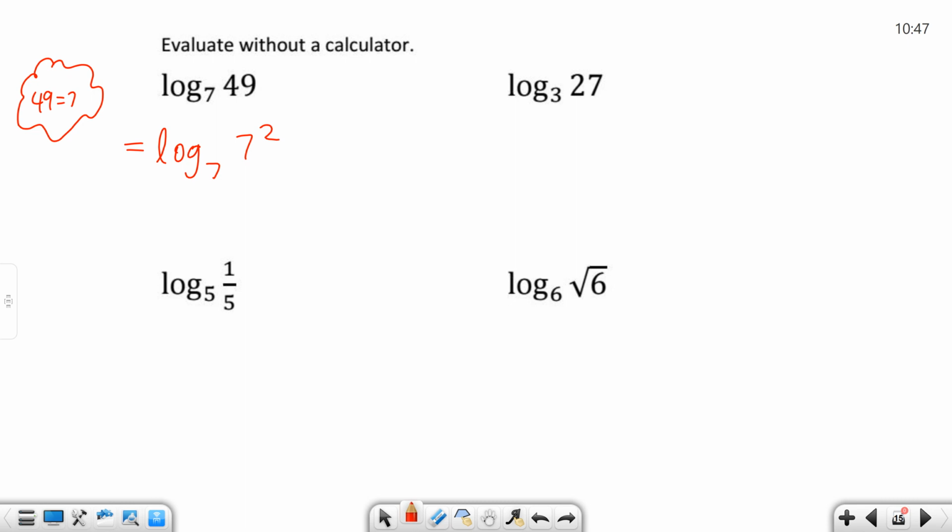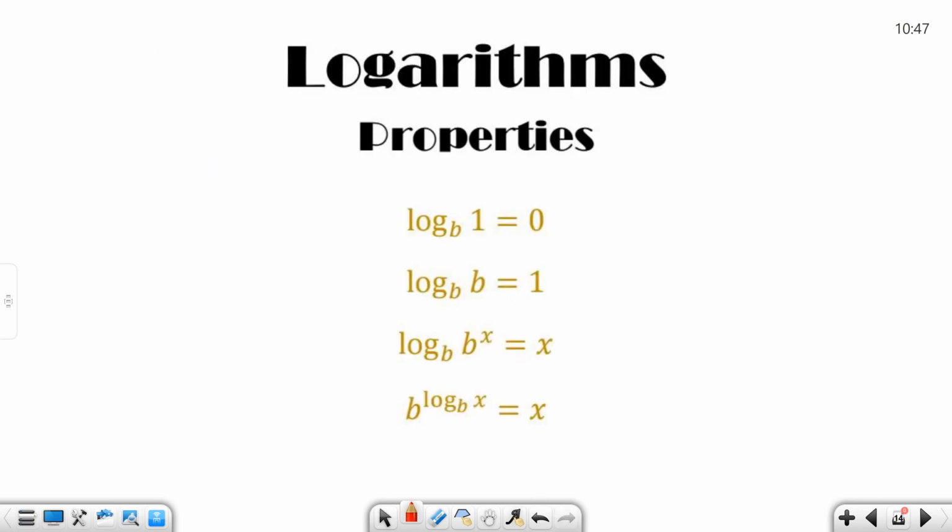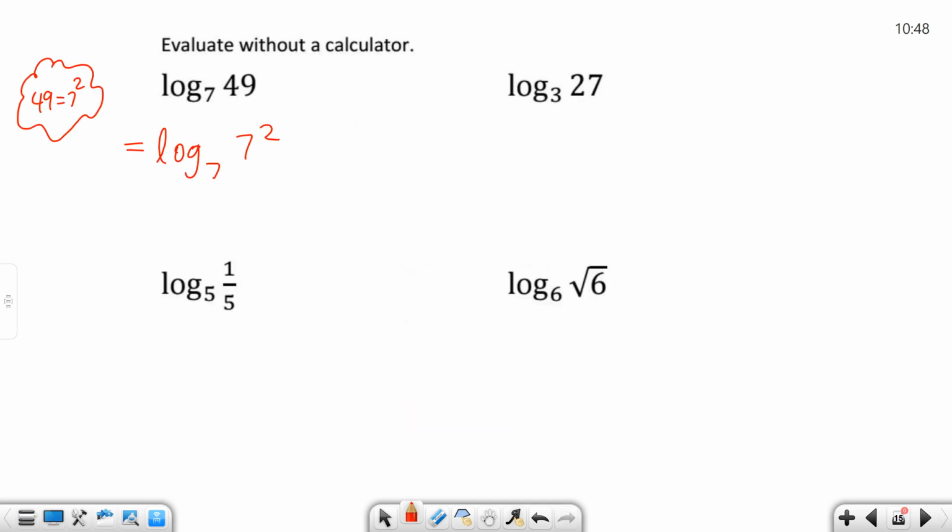Oh, it equals 7 to the second power. And you know that right off the top of your head. Well, if these things match, then guess what? That's this rule right here. Here's your 7, and your 2. So the answer is going to be 2, simply 2 because those things match. That was the third rule on the page before.